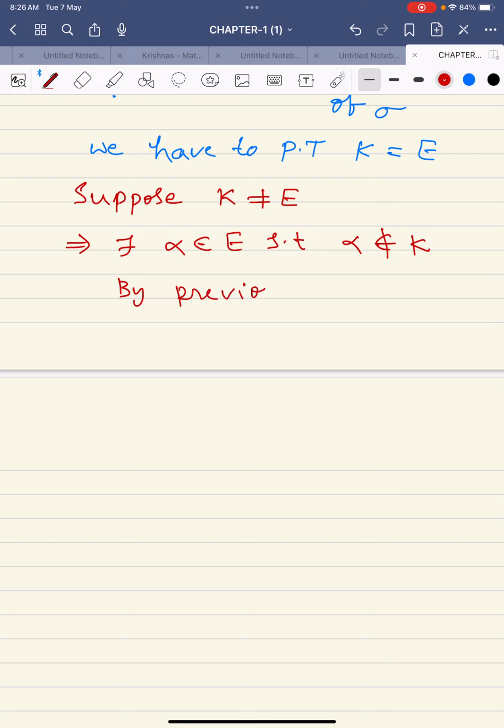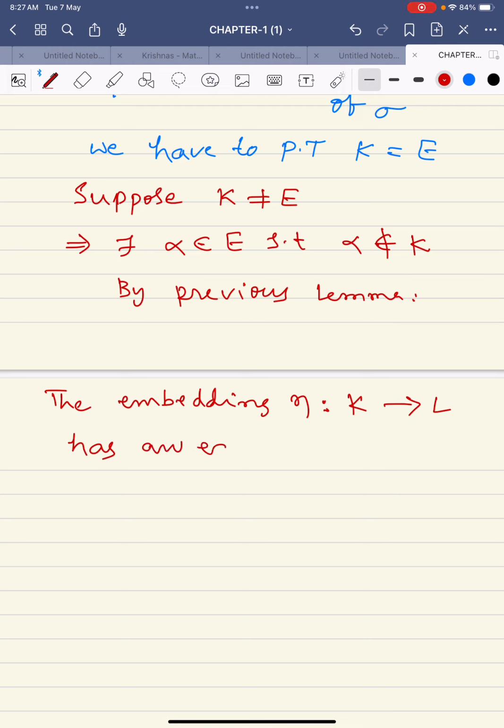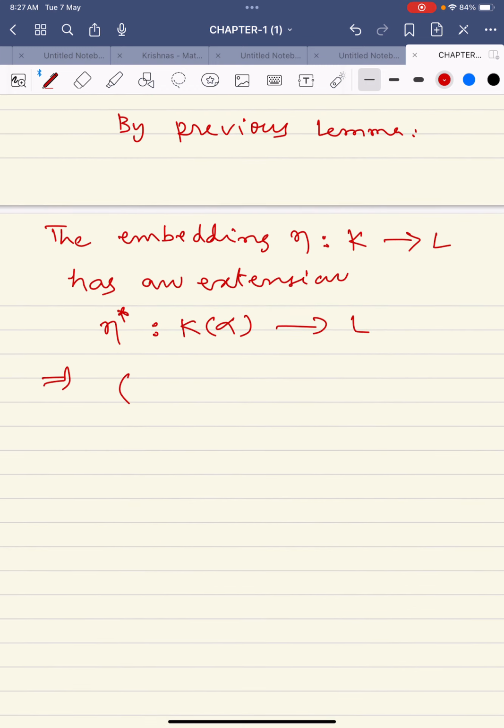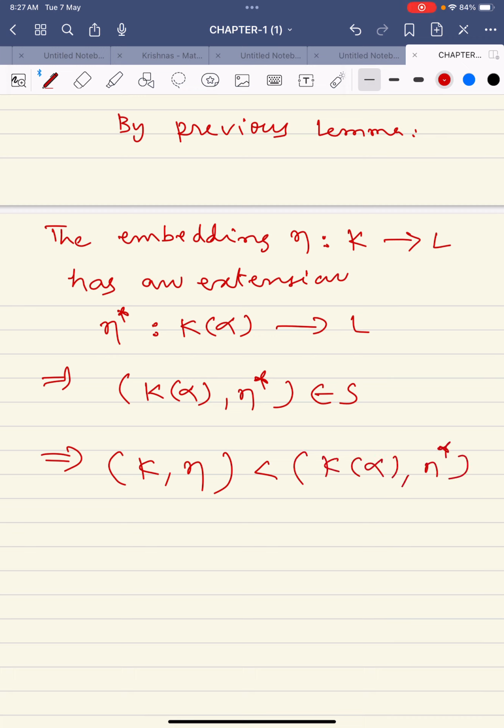Then by the previous lemma, which we already learned in the same video, we conclude that the embedding eta from K into L has an extension eta star that maps K of alpha into L. Then the ordered pair (K of alpha, eta star) also belongs to S. This condition shows the ordered pair (K, eta) is less than the ordered pair (K of alpha, eta star).